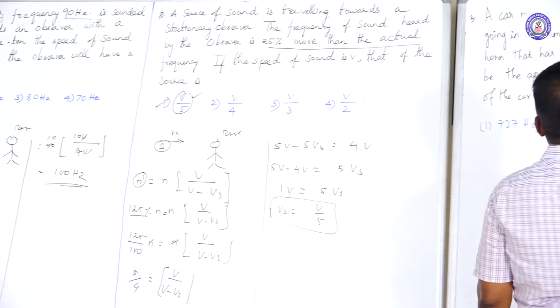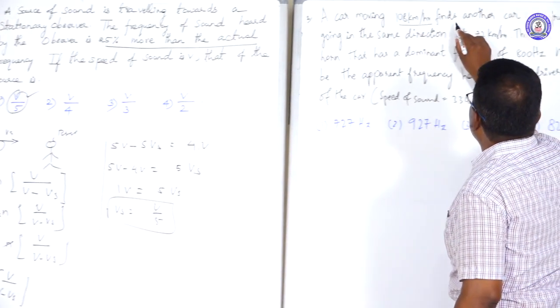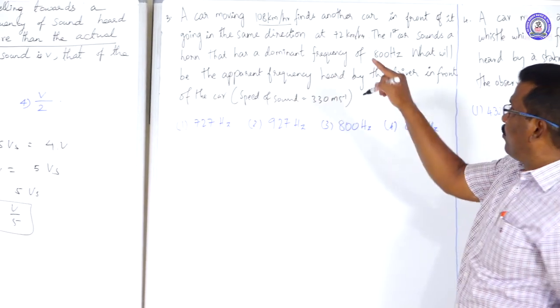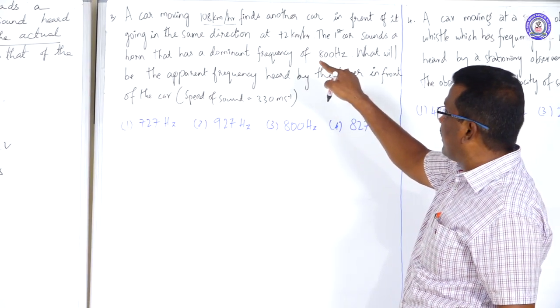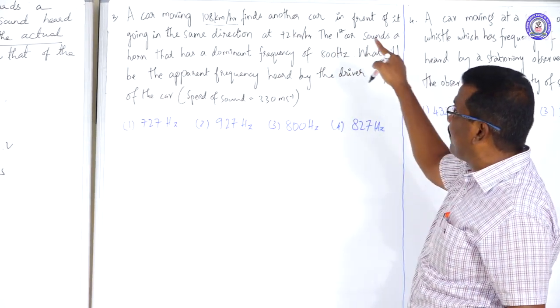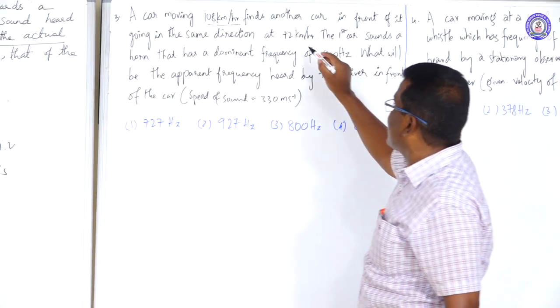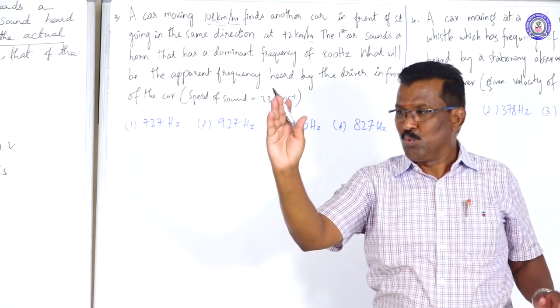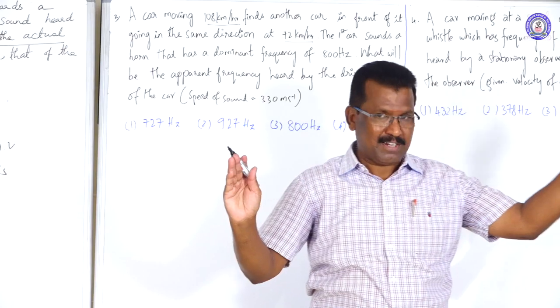A car moving 120 km per hour finds another car in front going in the same direction at 72 km per hour. One car is chasing another car.